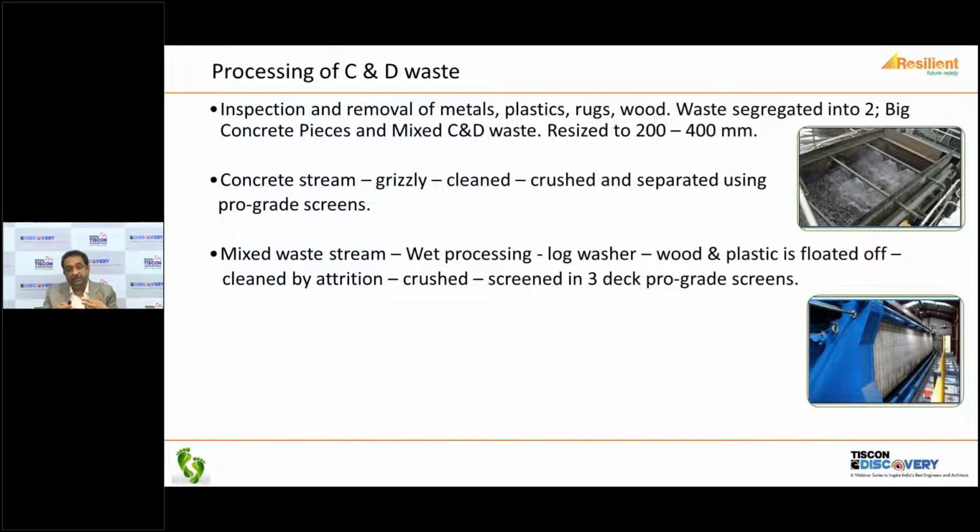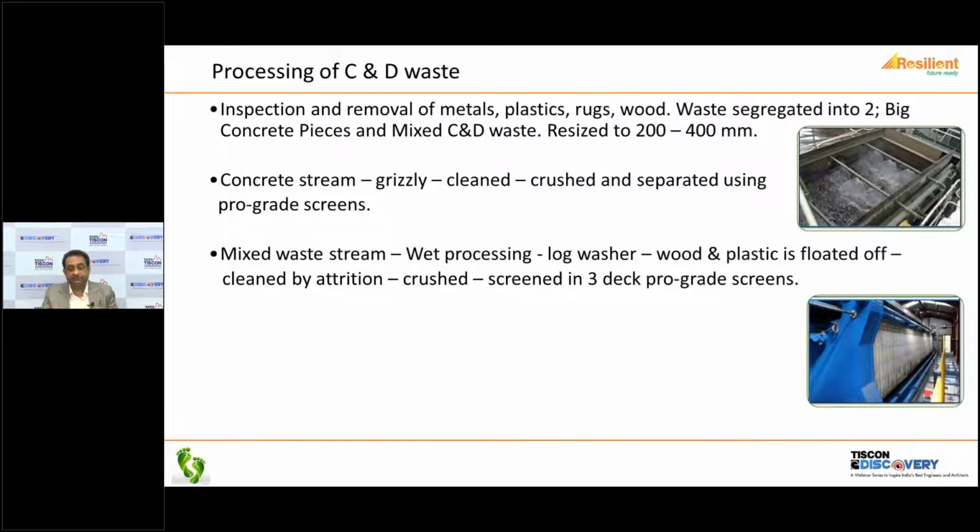Again, through attrition, the mud is cleaned off from the aggregates on the bigger screens. Then it goes into crushing, where it is crushed to different sizes, and it is screened again through a 3-deck pro-grade screener. It is converted into 20 to 10, 10 to 3, and 3 and below, or whatever sizes the market demands. So basically, it's a process of cleaning, crushing, and screening.